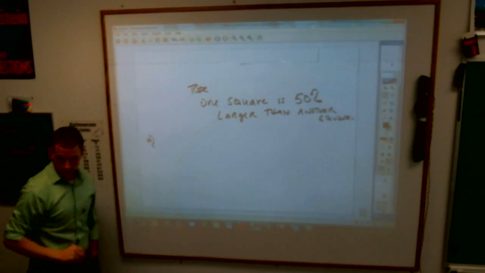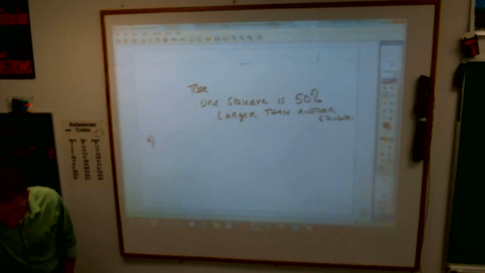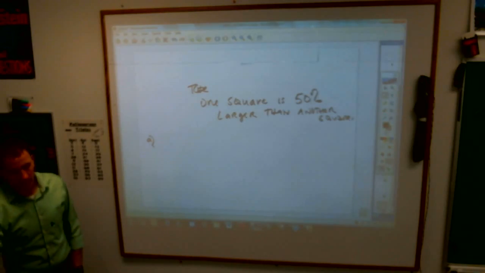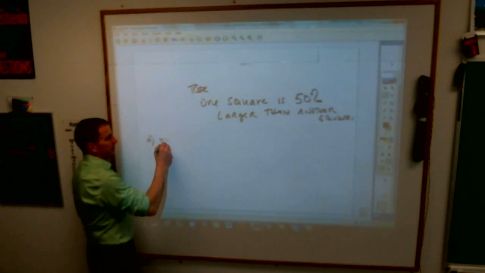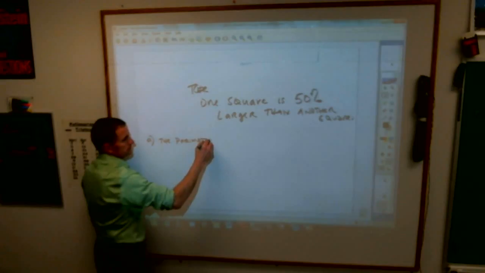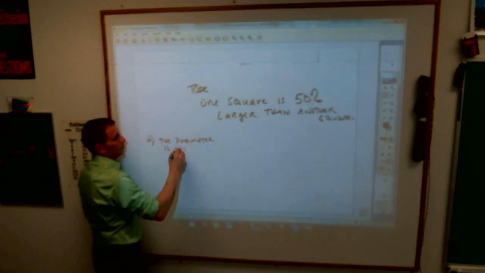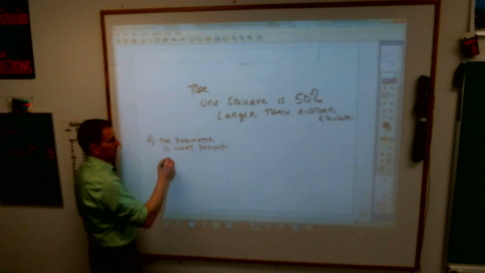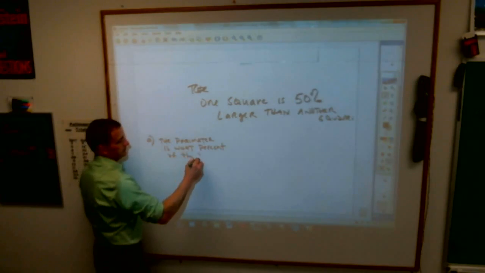Letter A. The perimeter of the large square is what percent of the perimeter of the small square?